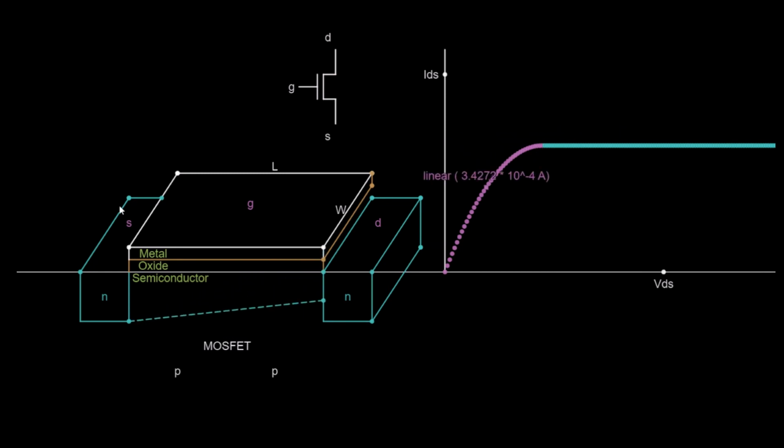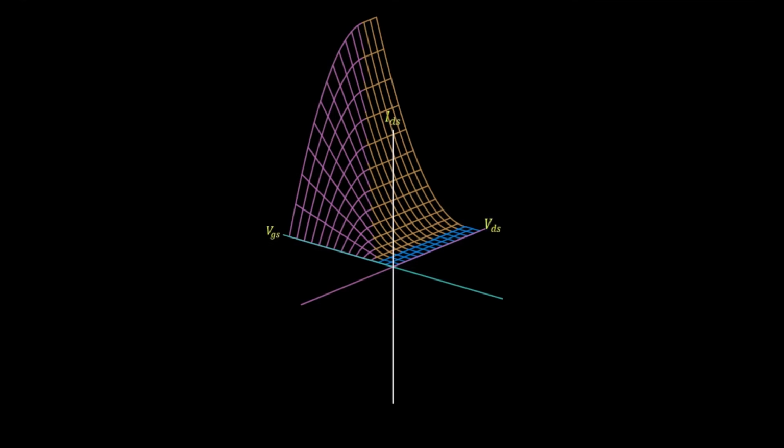So let's go ahead and represent this in the 3D format. This is the characteristics of our NMOS device represented as a surface in 3D space.